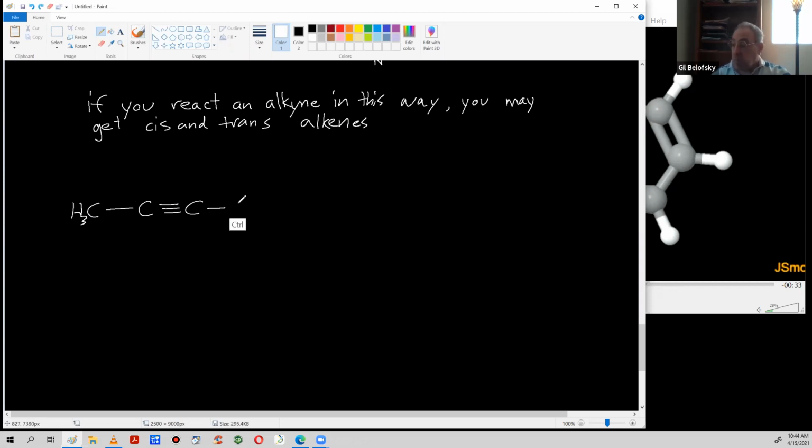Oops. Let's go HCl this time. It's always the same. CH3. In this case, there's no preference because neither carbon has a hydrogen on it.